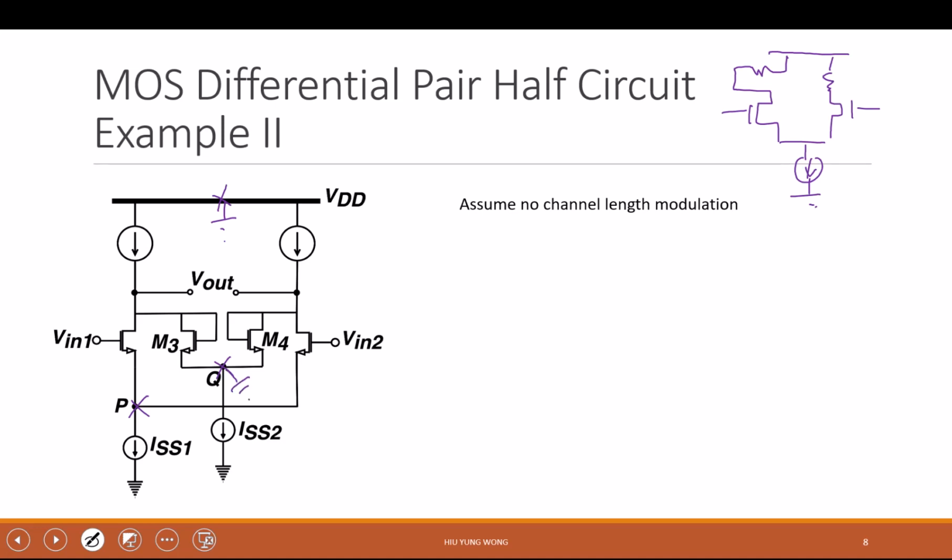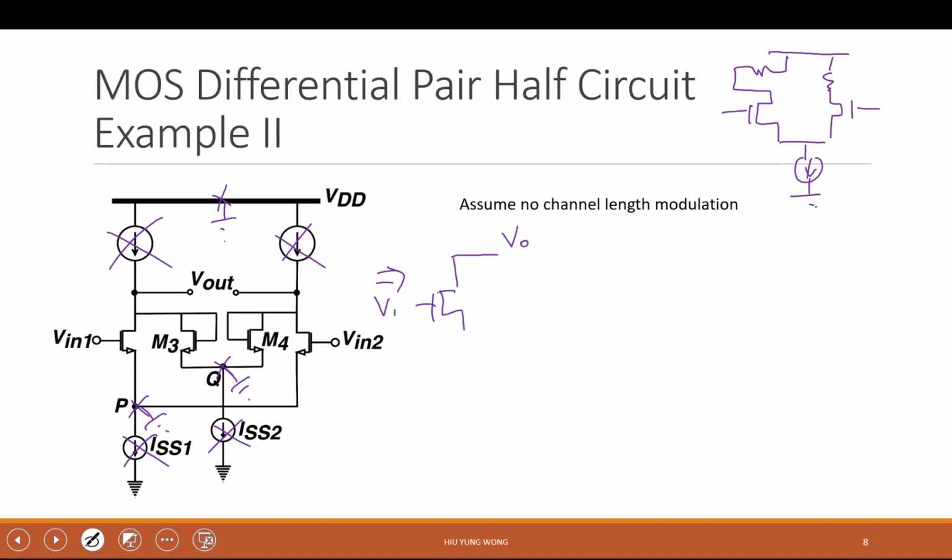I'm also going to ground this one, and this is AC. I always open the current source. So then I will see that this becomes this. And of course, the current source needs to be removed, right? So don't panic. Let me just draw whatever we have first and then see what we can do.